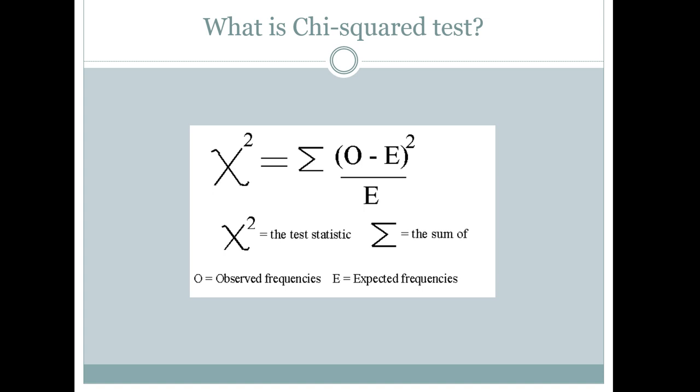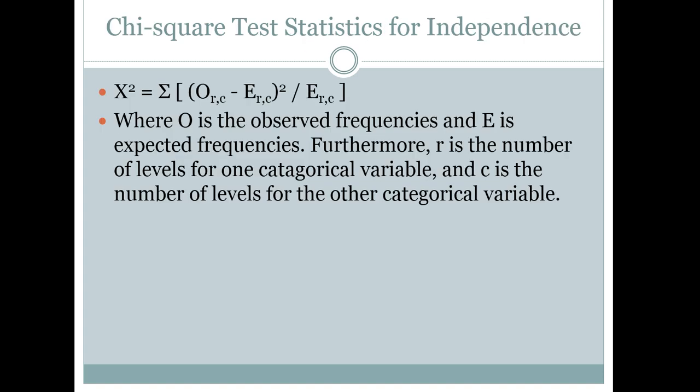Because the formula says you have to sum this, you need to first square the observed values minus the expected values, and then divide by the expected frequencies.